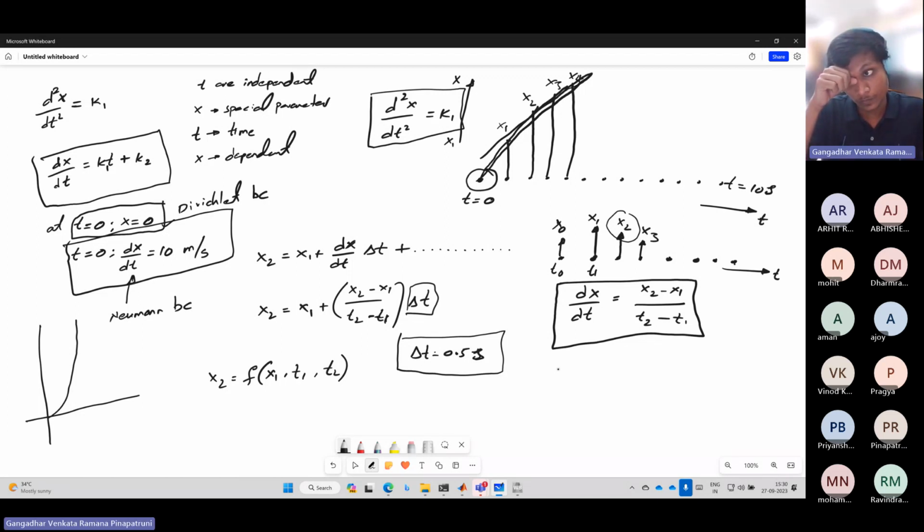Chaudhary, are you there? Yes, sir. Can you tell me what problem you are facing in the meshing? Sir, in boundary conditions. Boundary conditions, we will go once again.